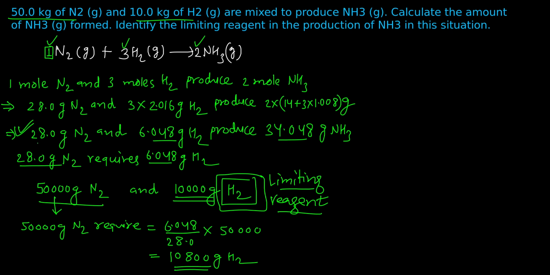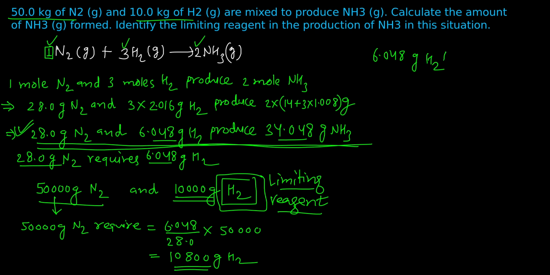So from the upper reaction we wrote the information like 28 gram nitrogen and 6.048 gram hydrogen produce 34.048 gram ammonia. So from here we can write that 6.048 gram hydrogen produces how much ammonia? 34.048 gram ammonia. And in our reaction, how much hydrogen is getting reacted? All the 10,000 gram of hydrogen, right?